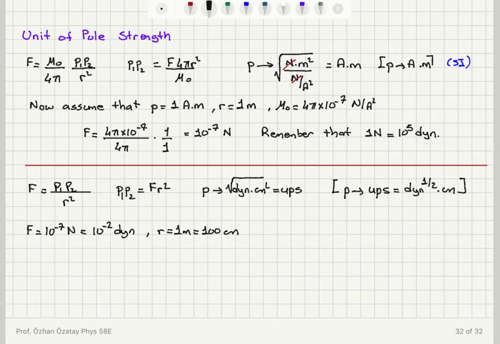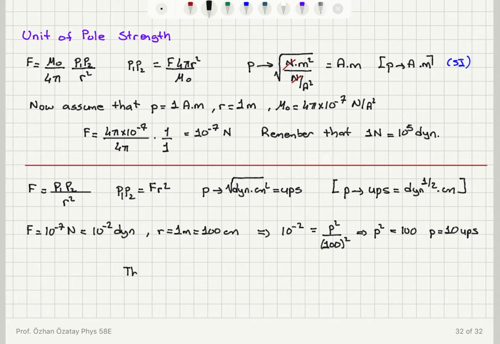So I would like to find how many unit pole strengths I have here. So 10 to minus 2 dynes of force is p squared divided by r squared, which is 100 centimeters squared. So that gives me for pole strength squared 10 to the 4 times 10 to minus 2, 100. So I find that the pole strength is 10 unit pole strengths.